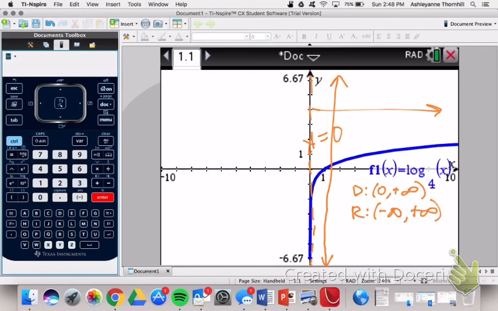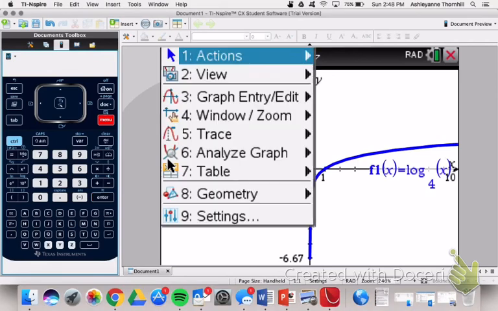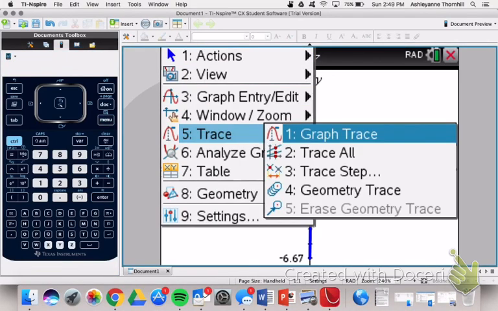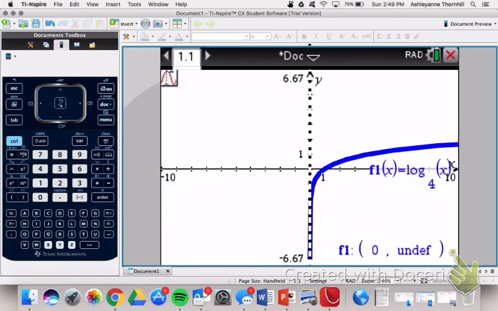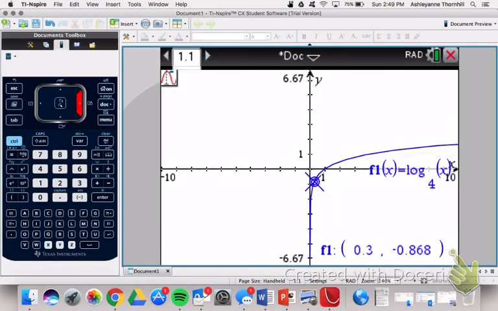Then if I wanted to plot some points, to see where my x-intercept is, where it is at x equals 1, 2, 3, 4, I could go to menu, trace, graph trace. And I could type in x equals 1. It's at 1, 0.